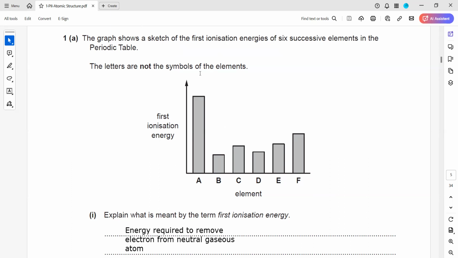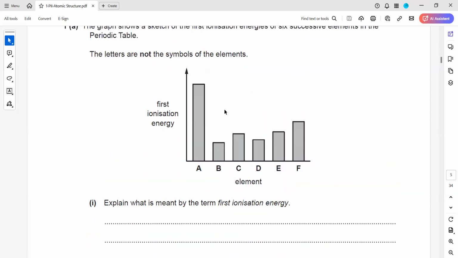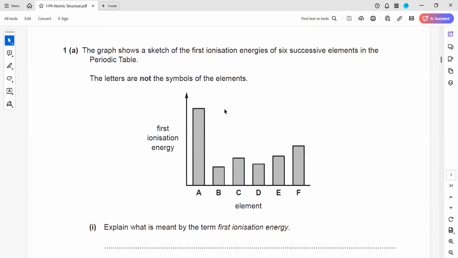Now, we know the general trend in ionization energy, and these are successive elements. Group 8 will have the highest ionization energy, so this should be group 8. After group 8, again we'll have group 1 because these are successive elements.